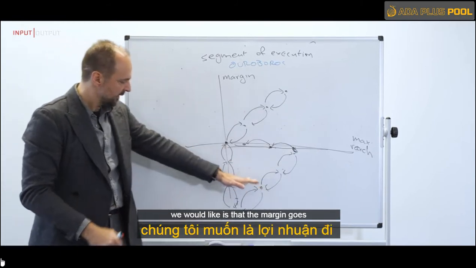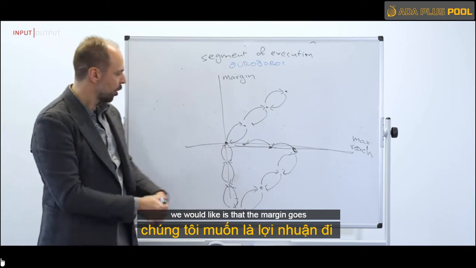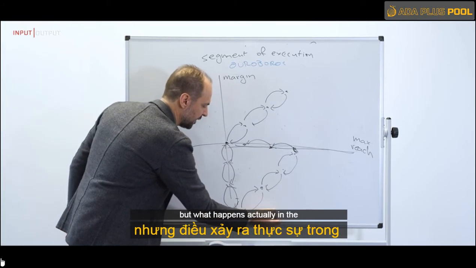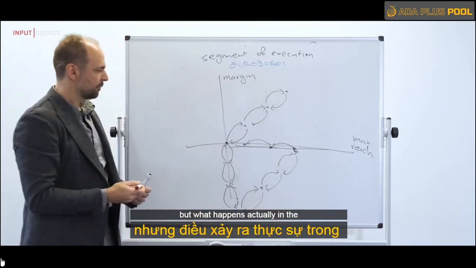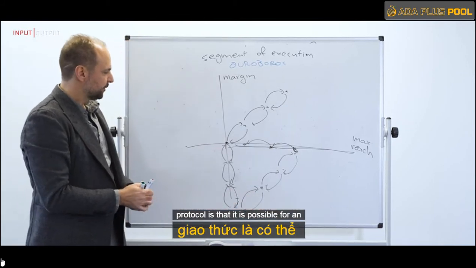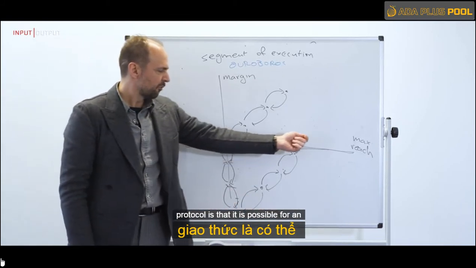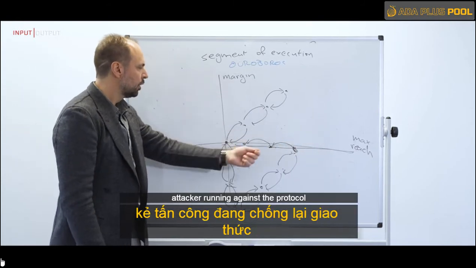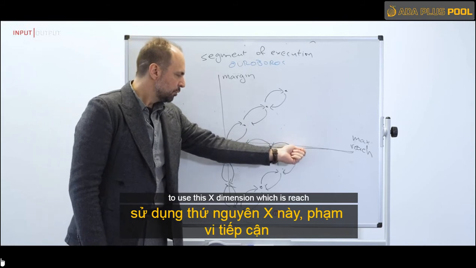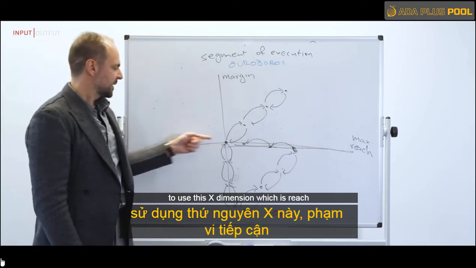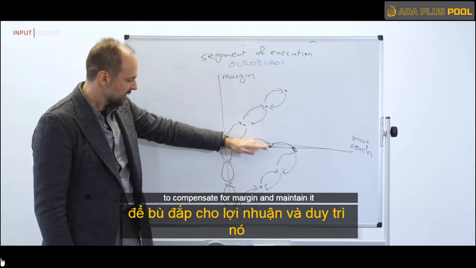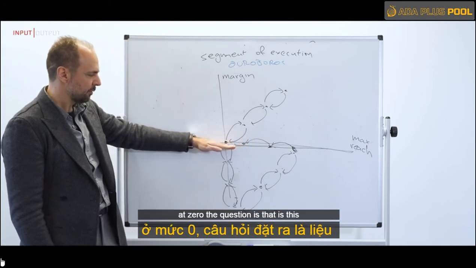What we would like is that the margin goes towards negative values, minus infinity. But what happens actually in the protocol is that it is possible for an attacker running against the protocol to use this x dimension, which is reach, to compensate for margin and maintain it at zero.